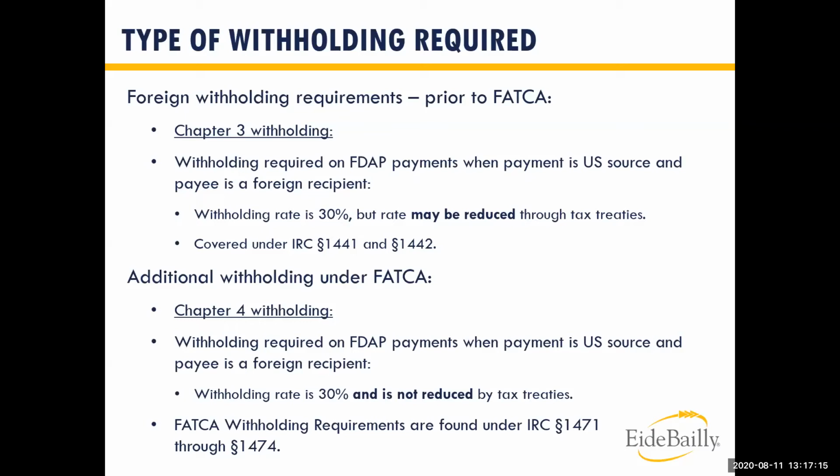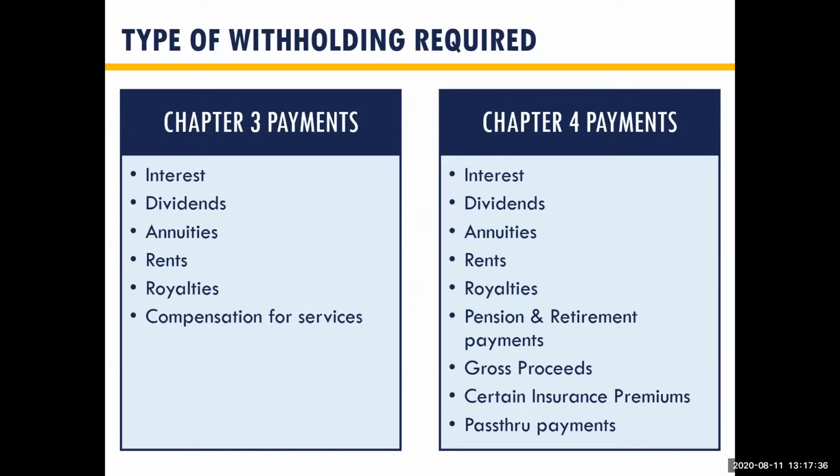For the not-for-profit industry, I have a hard time thinking of a situation where your payment would be subject to FATCA. But I wanted to raise it because you will see it coming up on the forums, for instance, and then you'll have the question of, well, what is Chapter 4 withholding? So the types of payments that are subject to Chapter 3 versus Chapter 4, the one on the right being FATCA, are very, very similar.